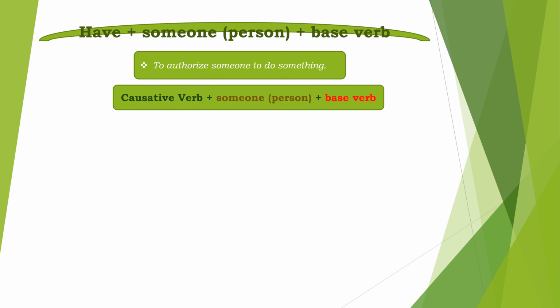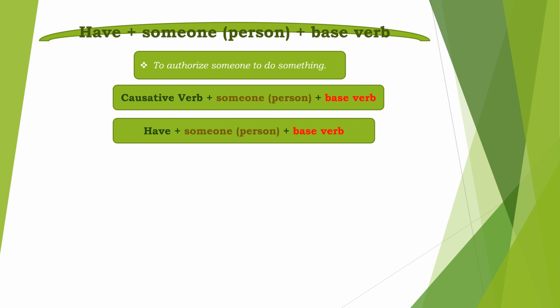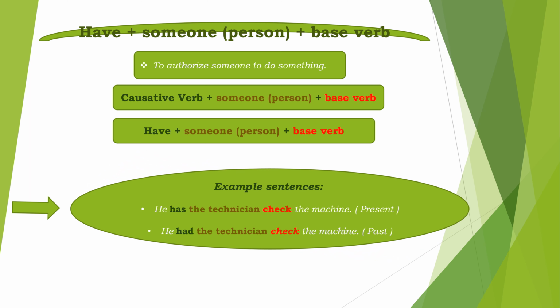Let's look at the structure. Causative verb plus someone, person, plus base verb. So here we have a causative verb have, then we use someone, person, then first form of verb. Let's look at some examples. He has the technician check the machine.